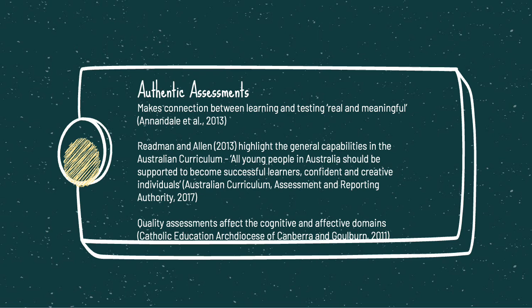Therefore, they suggest teachers consider skills that will help students become successful and focus assessments on such skills because they are worthwhile to know. Similarly, quality assessments have a greater impact on students because they include both the cognitive and affective domains, and are informed, purposeful, valid, and reliable, which makes it a fabulous assessment strategy and activity for teachers to use within the classroom.